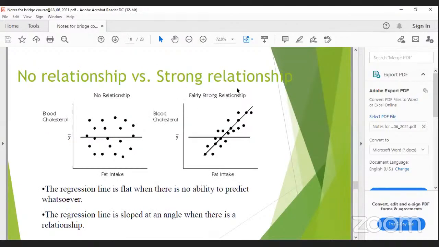This is something called no linear versus strong linear relationship. So here, if you look, there's no linear relationship between the blood cholesterol level and fat intake because there is no pattern. But here, there is some pattern, some linear relationship exists. So one can predict the blood cholesterol level based on given fat intake.